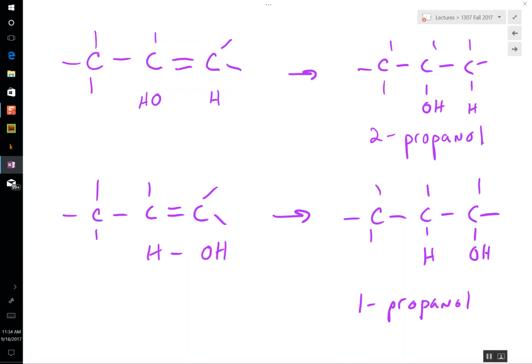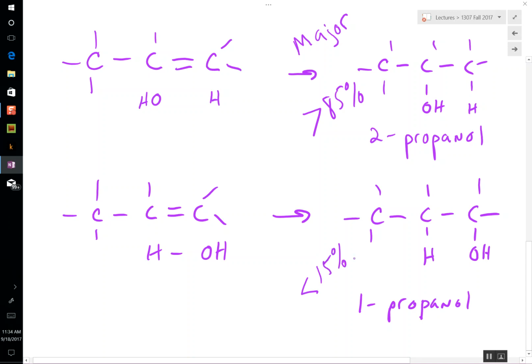And in this particular case, greater than 85% of the product was 2-propanol. And that's why we refer to that as our major product. You do get both products, but you get a whole lot more of one of them than the other one. You get more of the 2-propanol, and less than 15% was 1-propanol, the minor product.